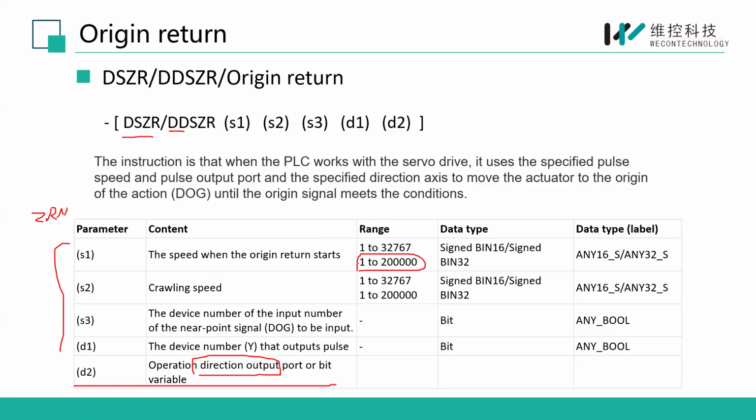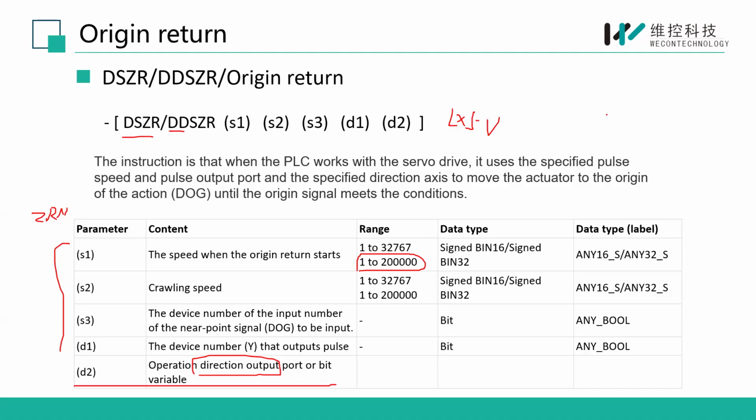And the second difference is the DSJR instruction is only supported by the LX5V. LX3V cannot support the DSJR instruction.